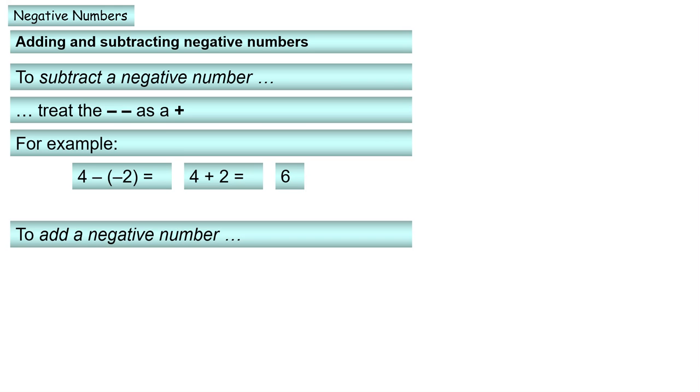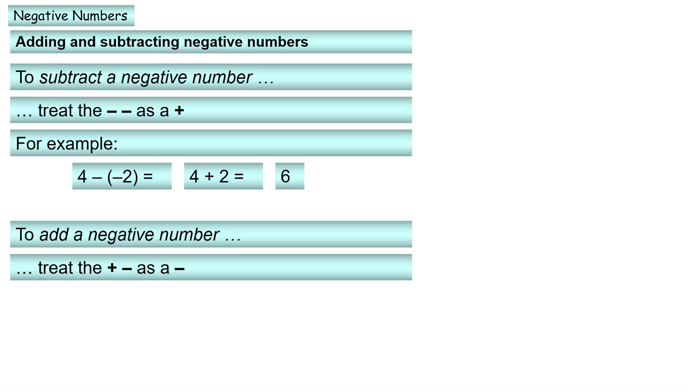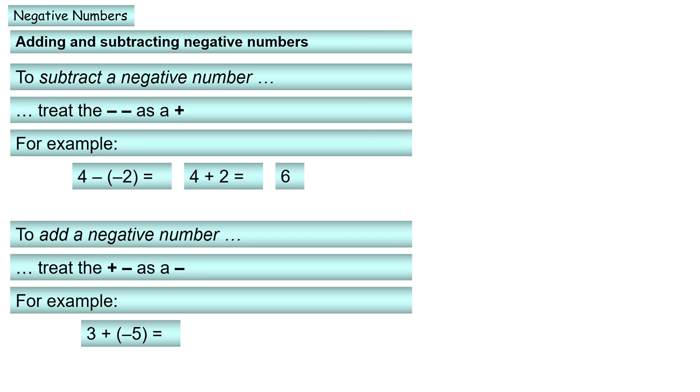And if you add a negative number, if you see a positive and a minus, we treat it as a minus. They have to be next to each other. So wherever the signs are different, they become a negative, and it's 3 minus 5. And 3 minus 5 gives us minus 2. Good.